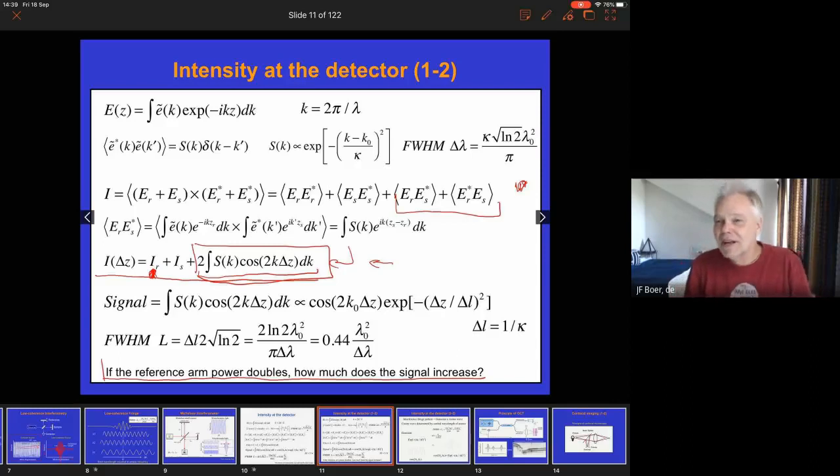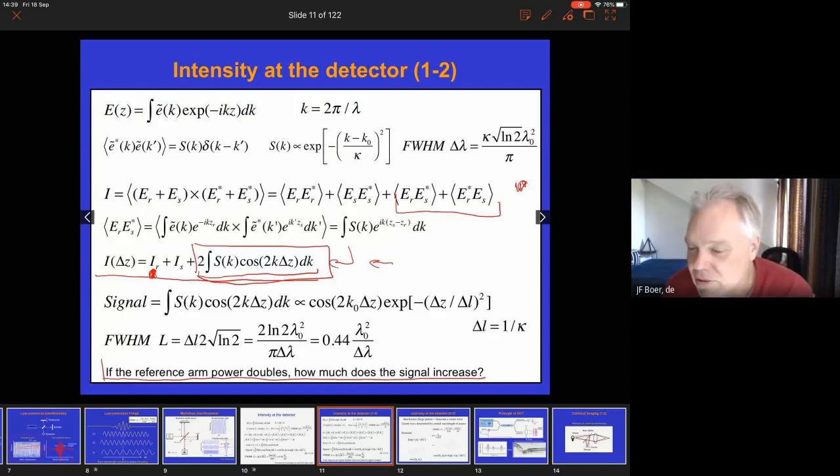But what I want to get at is that the amplitude of the interference fringes that you see depends also on the reference arm power. And we can amplify our interference fringes by increasing the reference arm power.